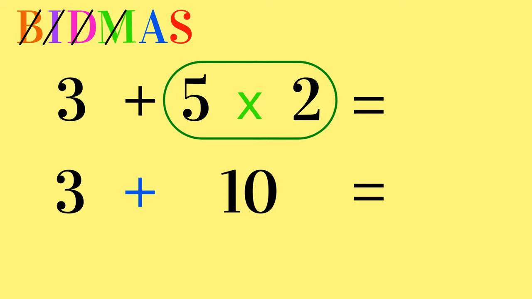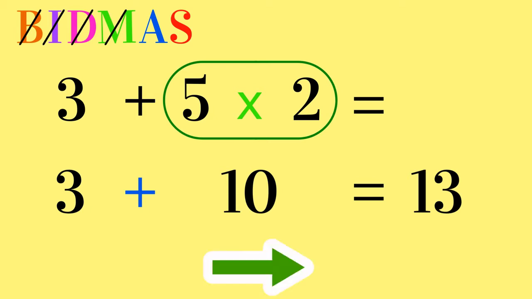Addition is the next operation, and 3 plus 10 is 13, so the answer is 13. Remember that when working through this calculation from left to right, we had the incorrect answer of 16. It is important to remember BIDMAS so that you always know which answer is the correct one.